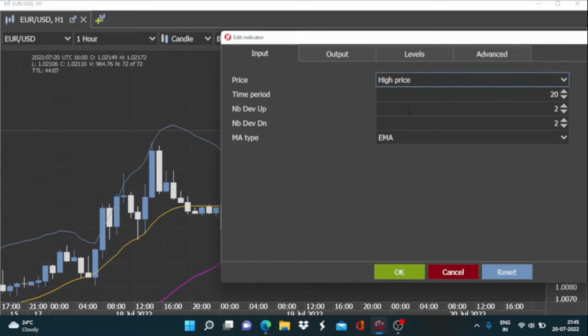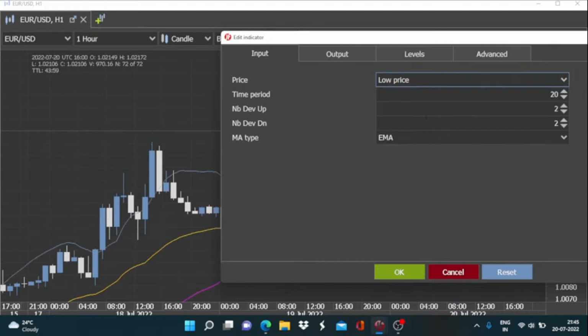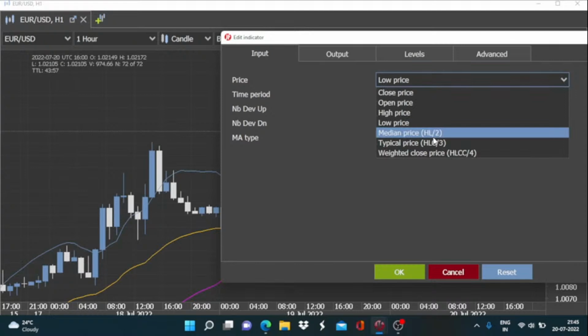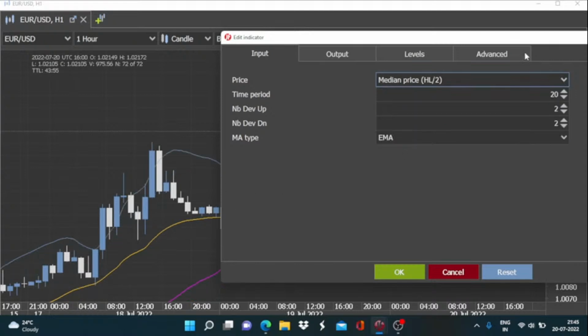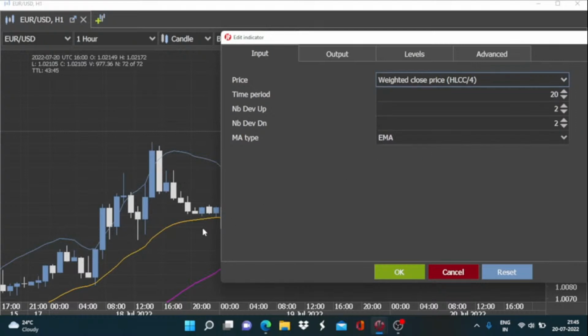So if we use the high price, then this Bollinger Band shifts on the higher side. If we go for the low price, then the Bollinger Band shifts on the lower side. Median price is simply half of high plus low. So we have to keep these things in mind. All right, weighted close price.